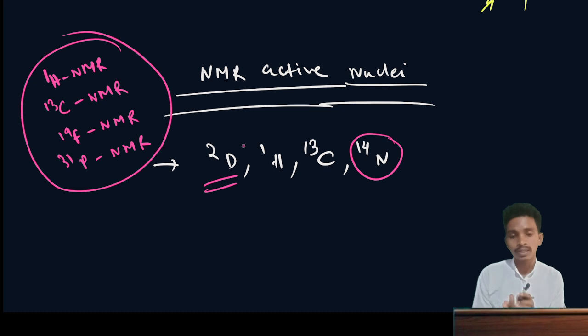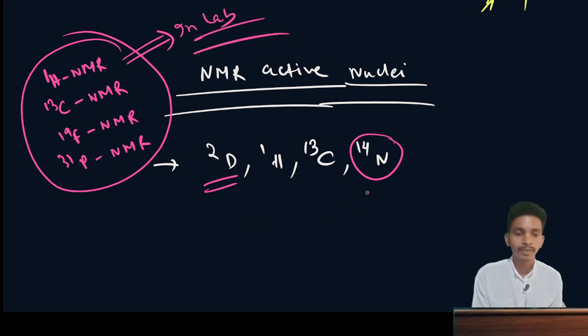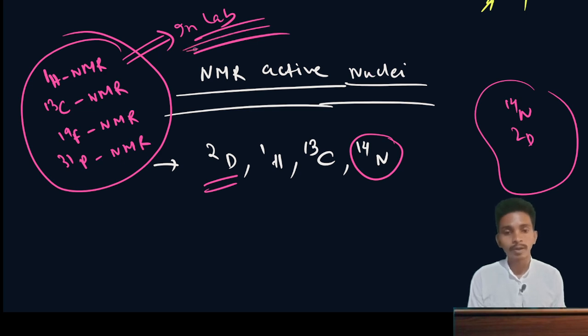So why? What is the reason behind that? We only get this type of NMR in the lab, but we don't have nitrogen 14 NMR, deuterium NMR, or oxygen NMR. Why? What is the reason behind it?